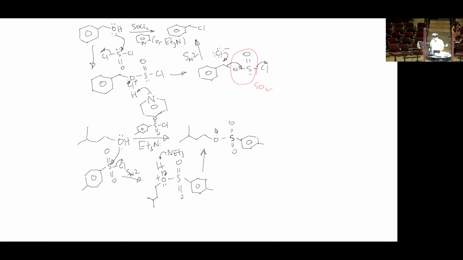But that is indeed a very good leaving group, and a nucleophile, even a fairly poor one, such as chloride, could indeed attack here and break that carbon-oxygen bond. So you need to be very careful when you're isolating tosylates. You need to keep those nice and cold. And as long as you do, it's no problem. You can isolate tosylates and mesylates and triflates and things like that, as long as you're careful and keep it cold.